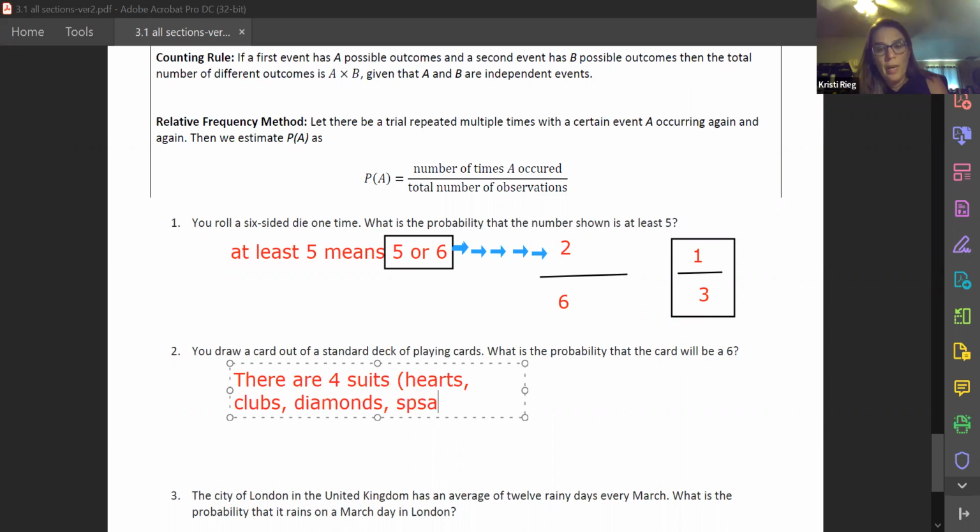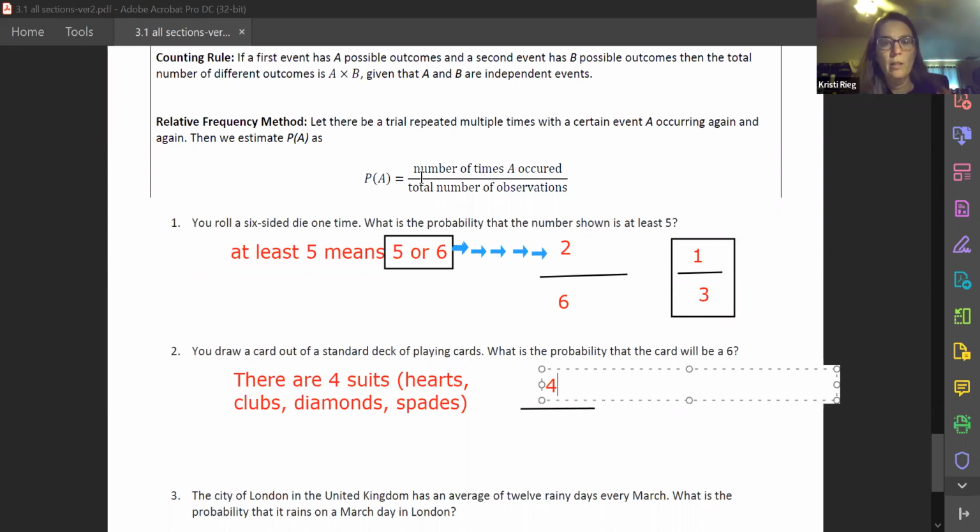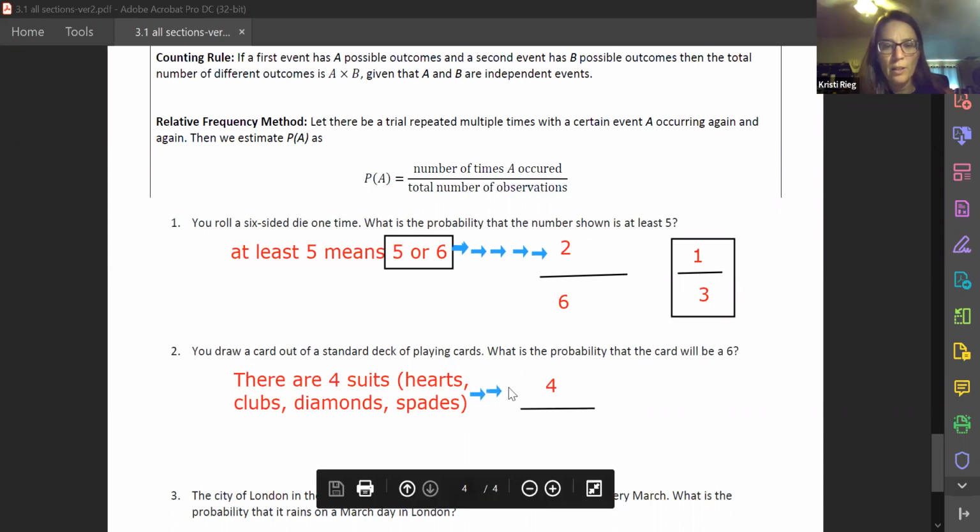Each one of those has a 6 of hearts, a 6 of clubs, and so forth. So that means we are going to have 4 different choices, 4 different suits. Each of them have a 6.